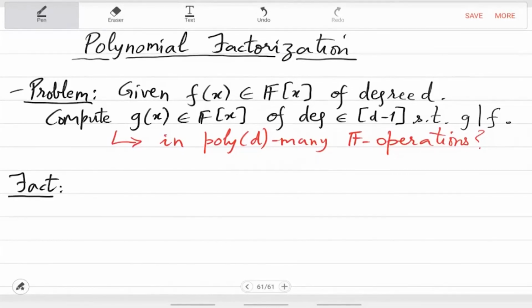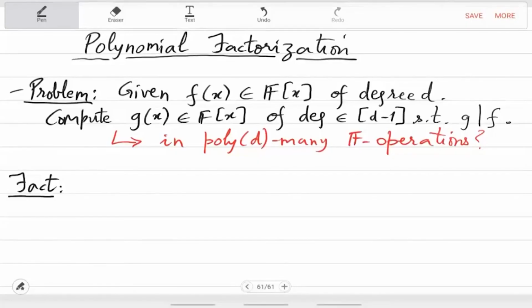Why do we pick a field? We only want to look at polynomials over a field because there you know that there is unique factorization. Unique factorization would in particular mean that the number of irreducible factors is at most d.